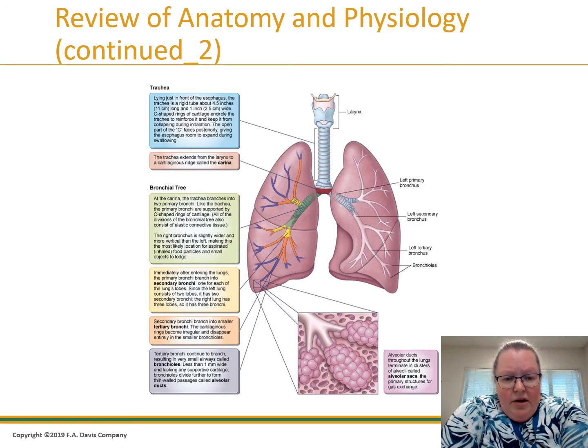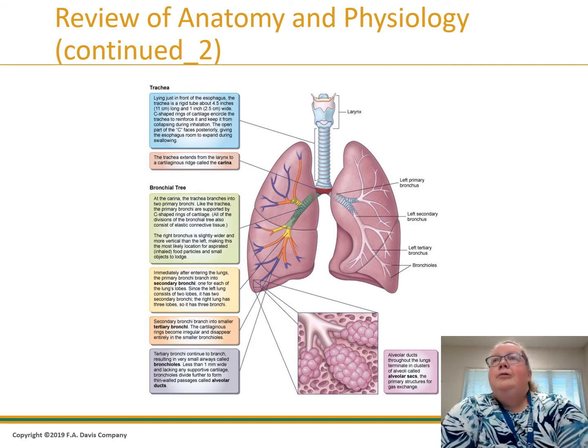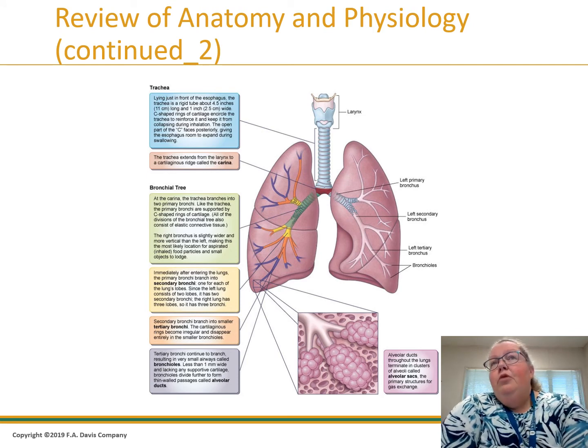Secondary bronchi branch into smaller tertiary bronchi, and the cartilaginous rings become irregular and disappear entirely in the smaller bronchioles. So they collapse easily. Without cartilage, they do become more flexible.